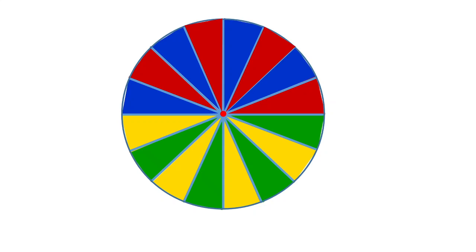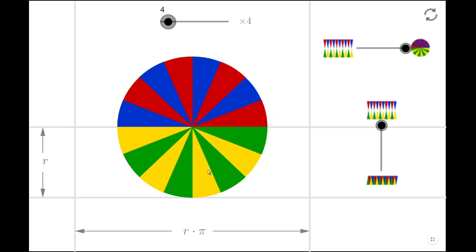Now this is where I want you to look at this. You can see that the whole circumference of the circle is 2 pi r. You already studied that.